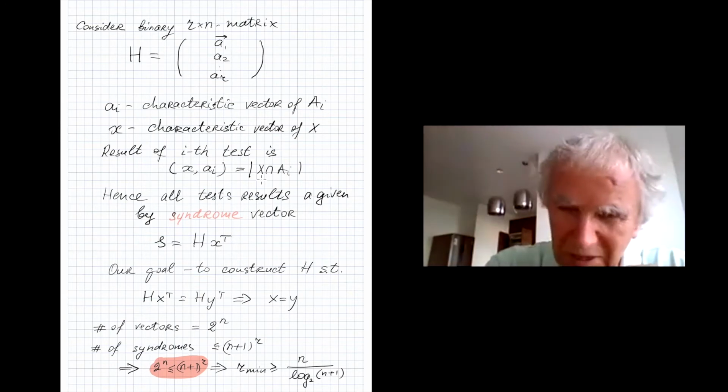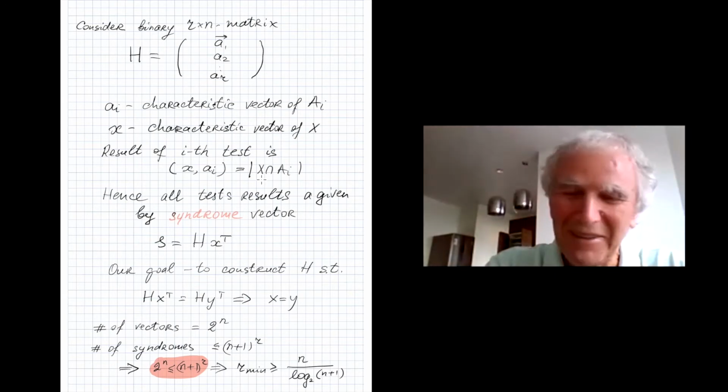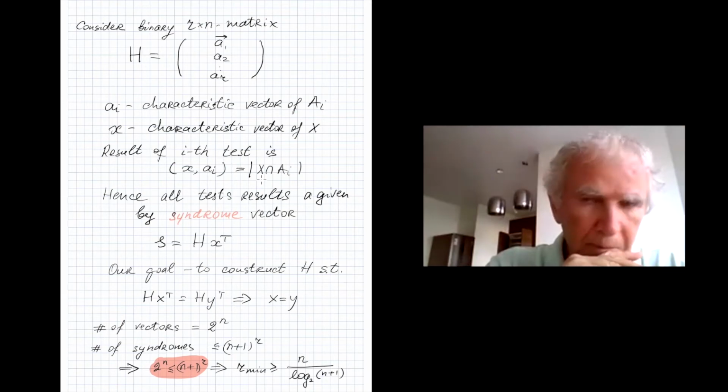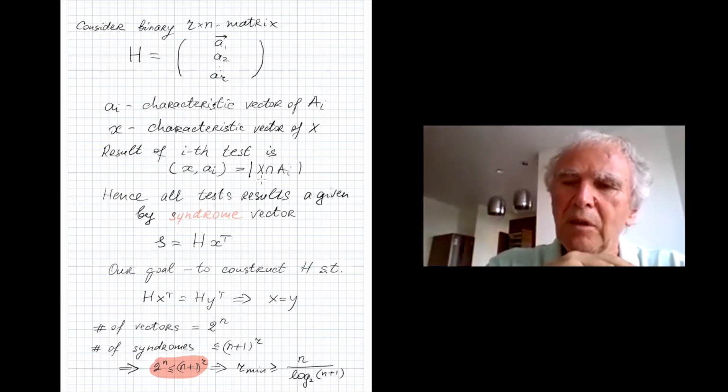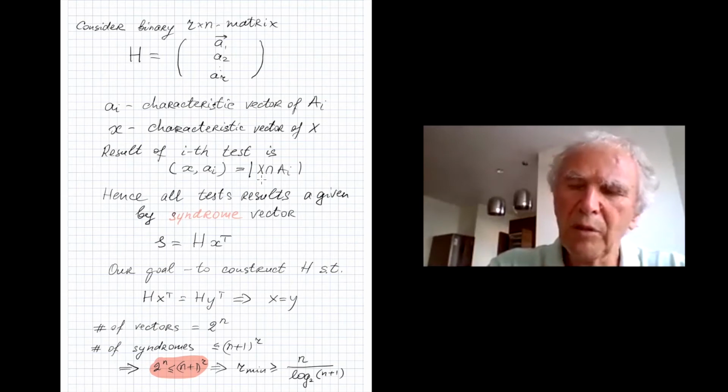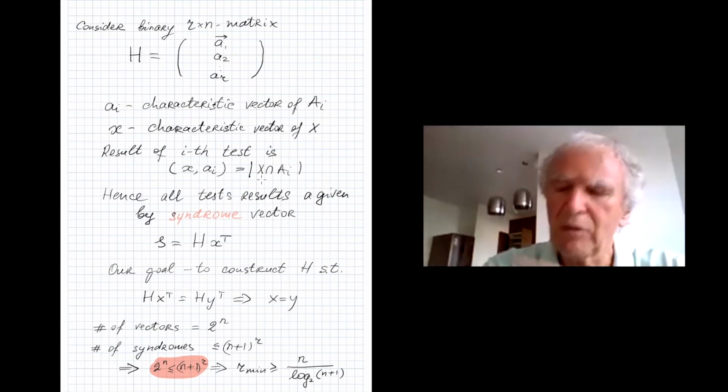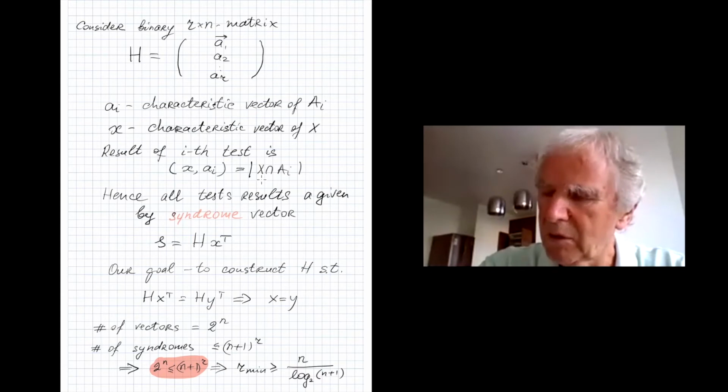If you can follow me just by words, let me explain what is missing here. The missing part is the following. There is a rather useful notion in combinatorics. If you have a finite metric space, it's better to think about finite, because we don't need the more general case.